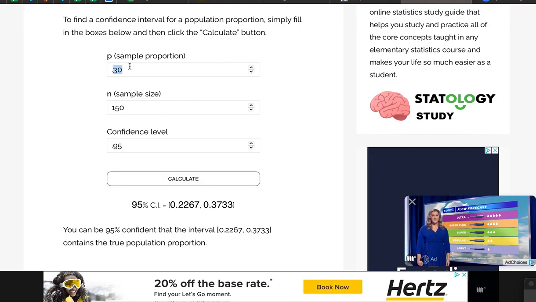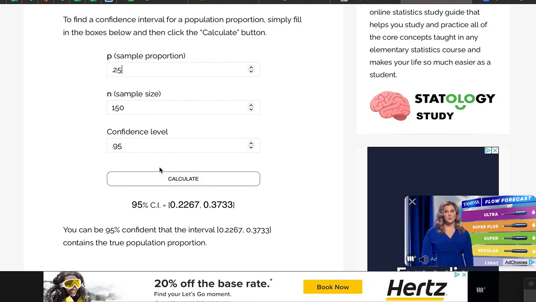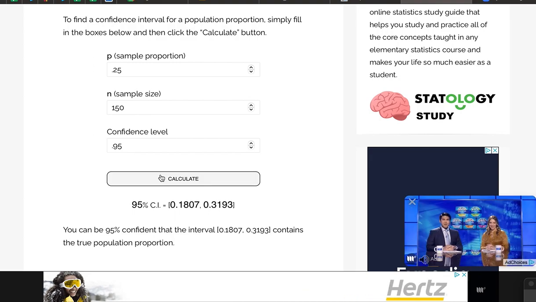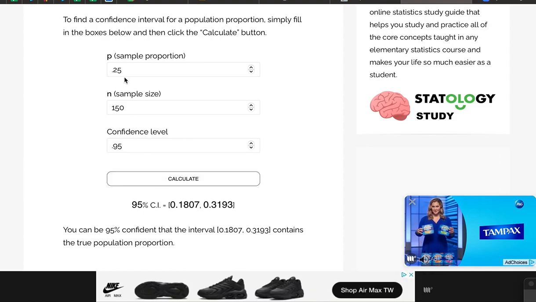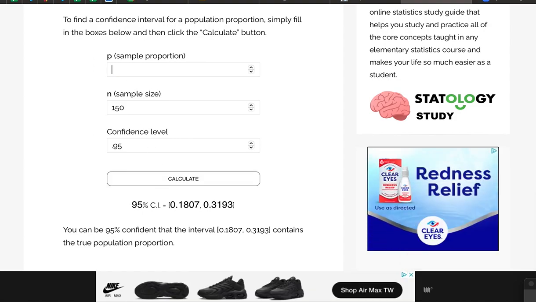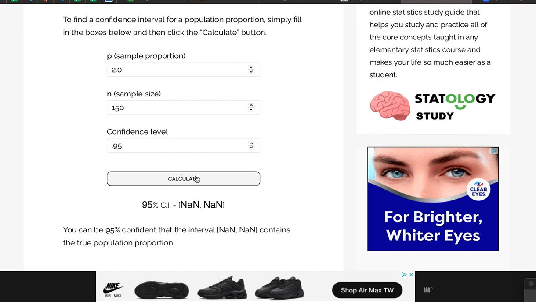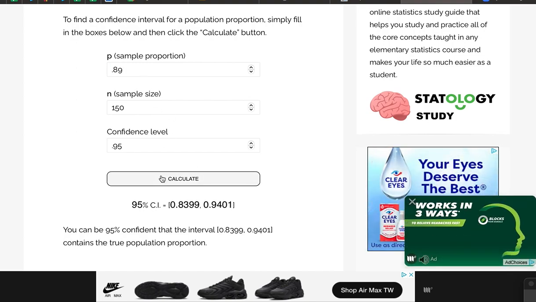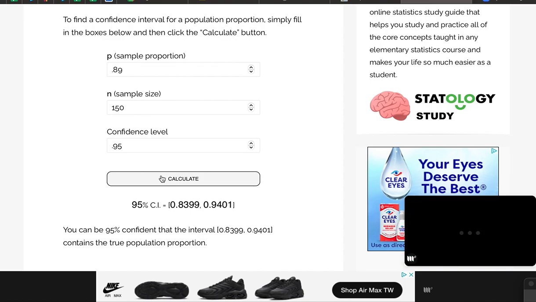And if you don't get the answer you're looking for, as you saw earlier with some of those errors, you might have put in a number that didn't work properly. So that's why I wanted to show you, if you put a whole number in here, it's going to give you some errors. So this number is always going to be below 100% or 0.89. So that's a little bit about the calculators for this week for Chapter 8.